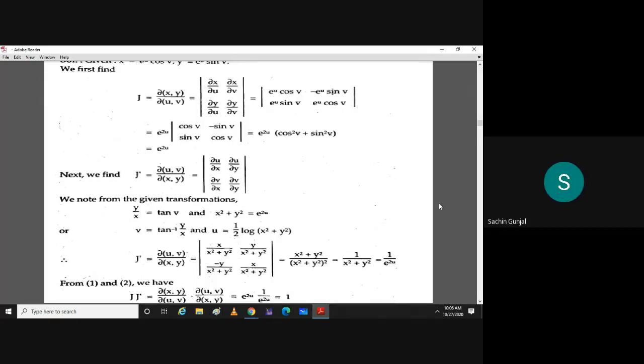Okay, sir, whatever is done till next Monday. So you will give us time to prepare, sir? Yes, you have enough time to prepare, because you have already prepared for the midterm. So you will have to just prepare for this partial differentiation and Jacobian part.